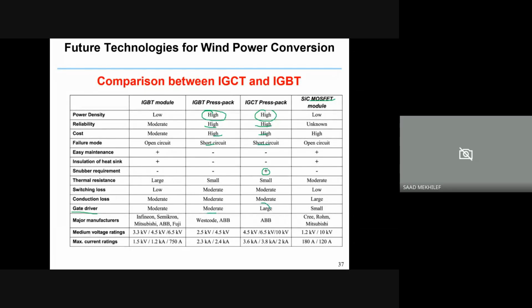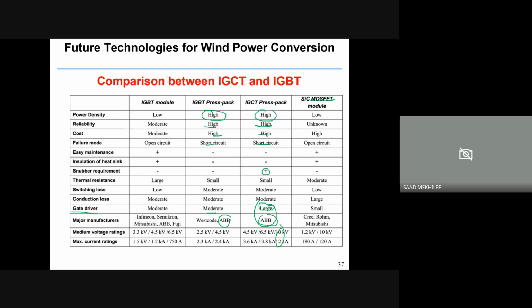This is large. So the major manufacturers, the big players, are ABB. Here also it's ABB, and you can see the voltage rating for the IGCT is usually higher. So it is very clear that IGCTs can handle high power, but they have some disadvantages, in terms of gate drives and so on.